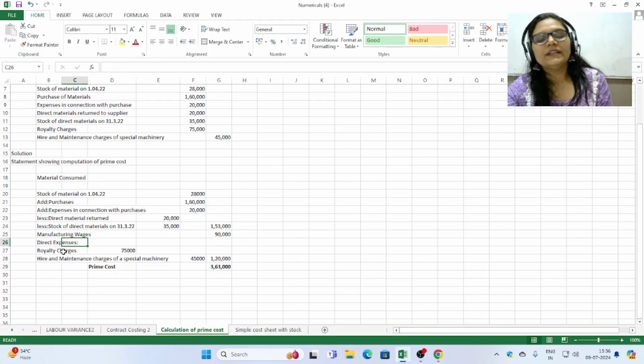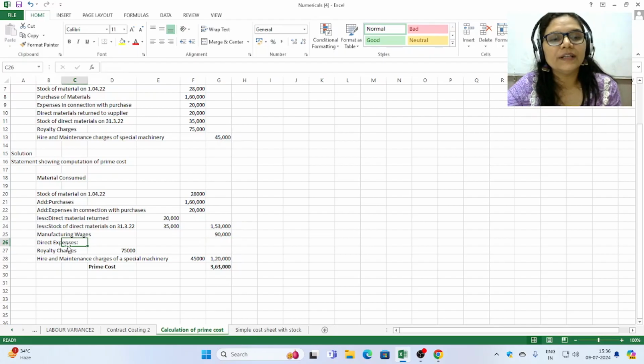We all know these are your royalty charges, 75,000. And finally, hire and maintenance charges of special machinery 45,000, making 1,20,000. Now we will add all these values and finally we will get the prime cost 3,63,000.